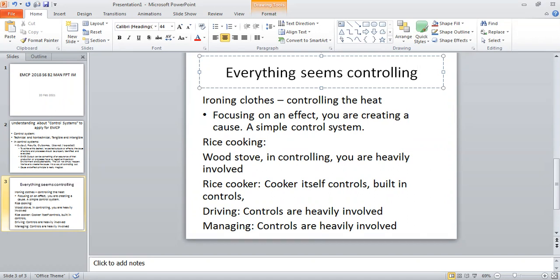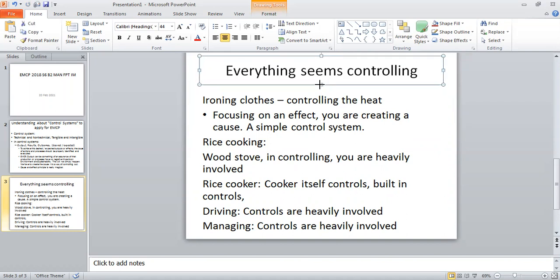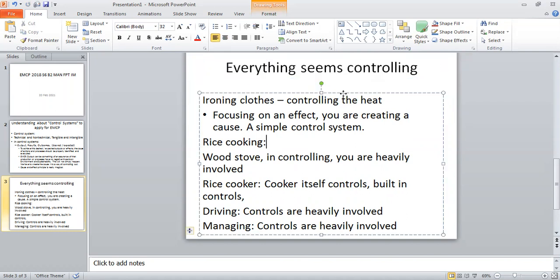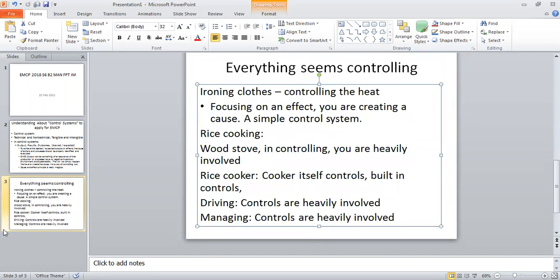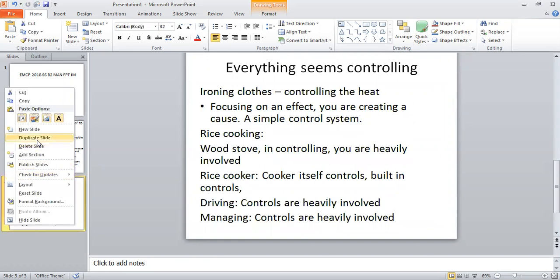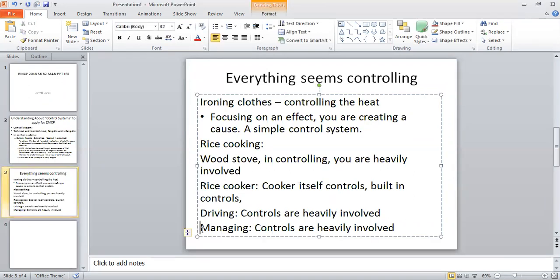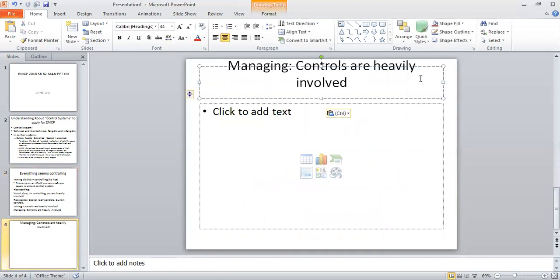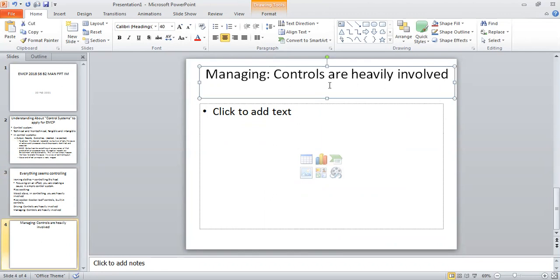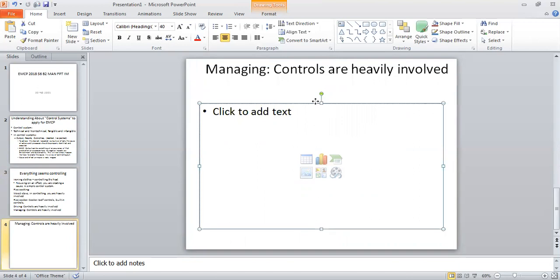Even in warfare, it's about command and control. Both related to control. Yeah. So since I just put managing, I will take that separately, because it is good to talk about this. Yes, managing, controls are heavily involved, that's true.